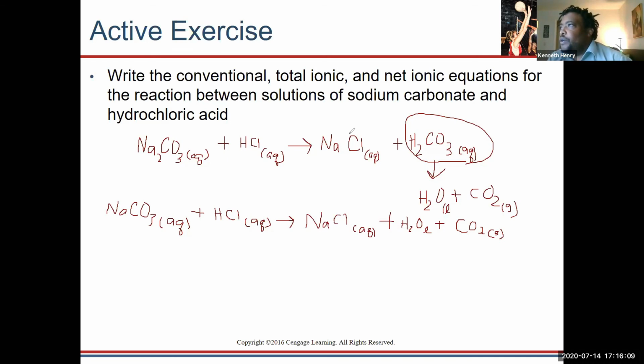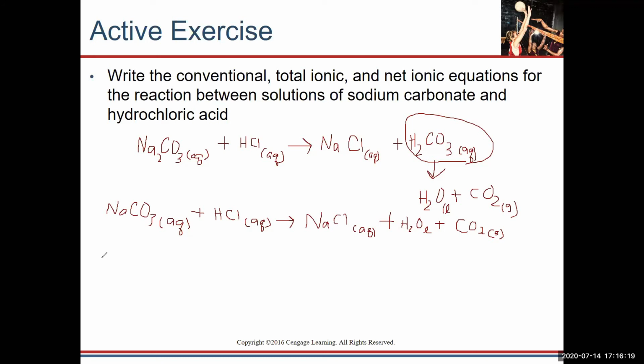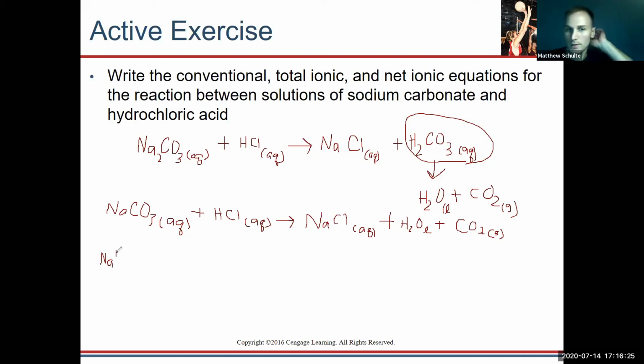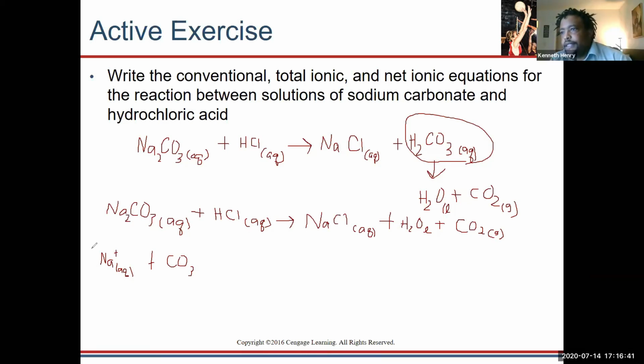Okay, so what will be my total ionic equation? Na plus, CO3 negative. Oops, I forgot my 2 here. Sorry. Aqueous.